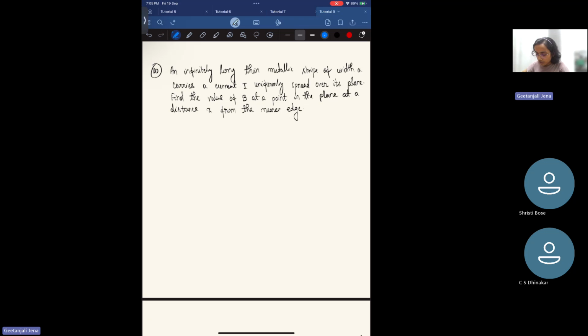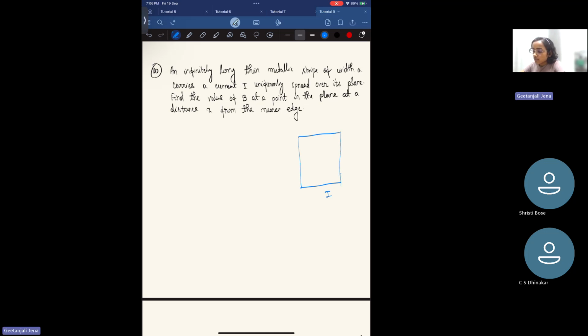Okay, so let us see our next problem. For the next problem, we have an infinitely long, thin metallic stripe of width a, which carries current I, uniformly spread over its plane.